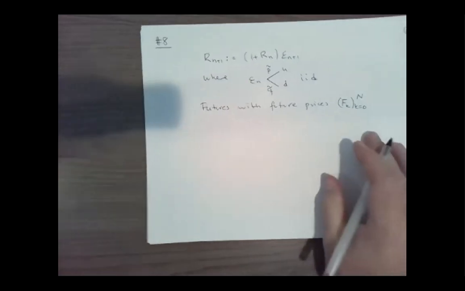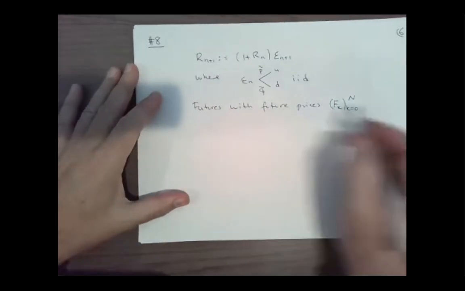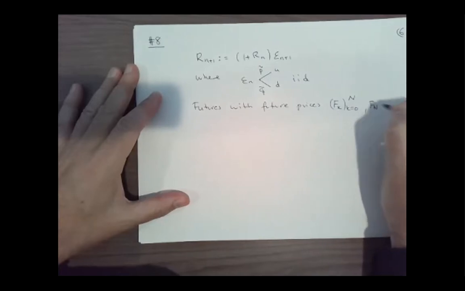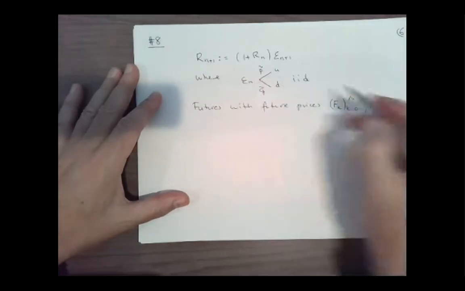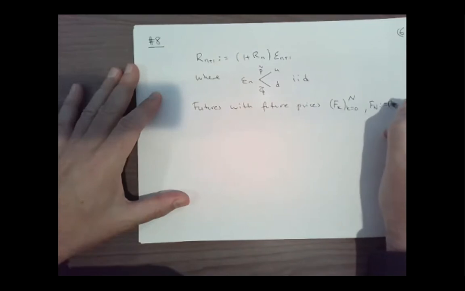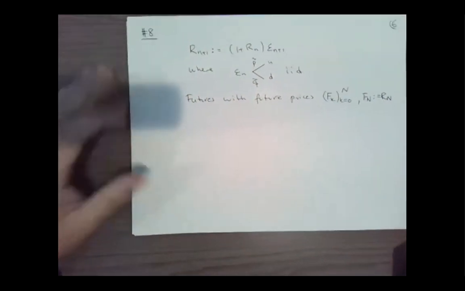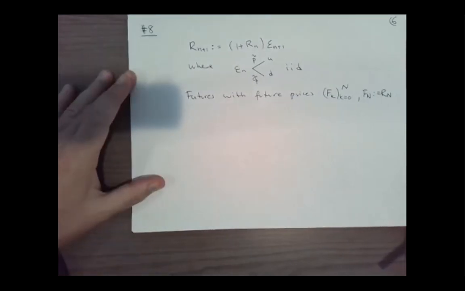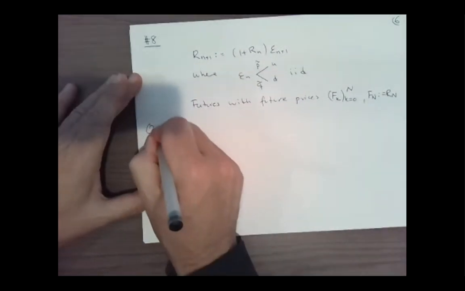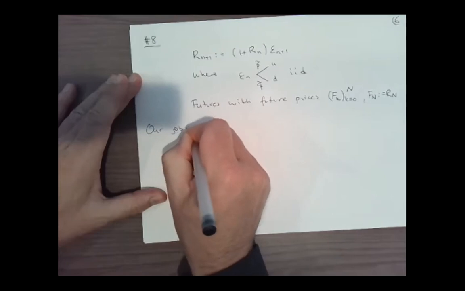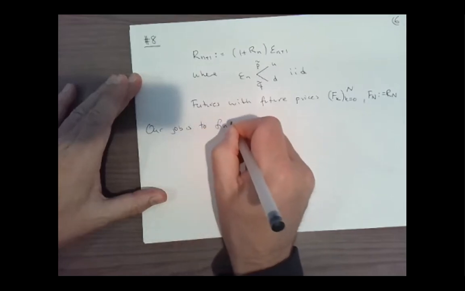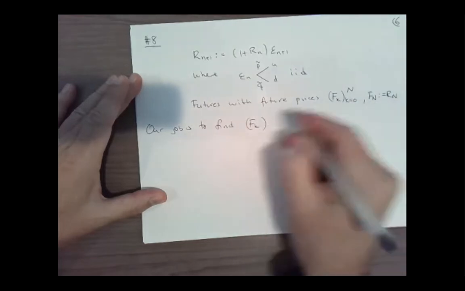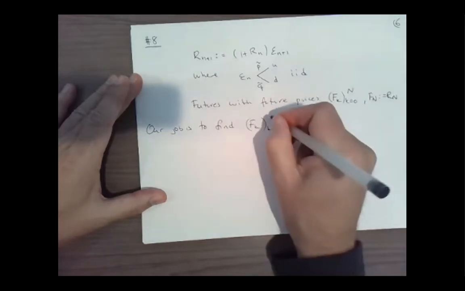And the terminal condition, that's the important one because this is how we get started: F_n is exactly that R here. This is R_n. So our job is to find F_k from 0 to n minus 1.